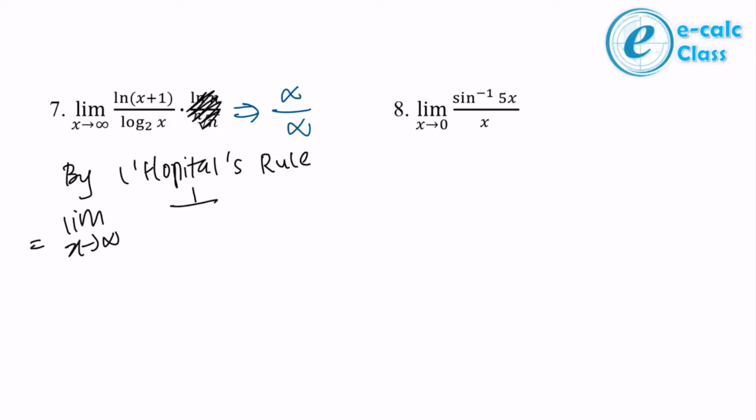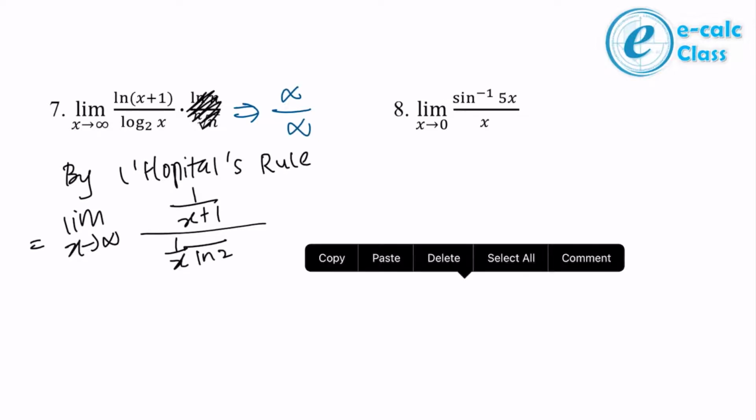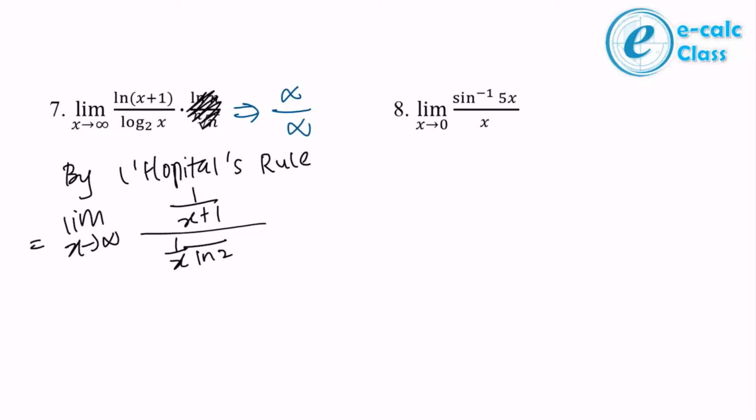I will have 1 over x plus 1, then times 1. Then for log base 2, this is 1 over x times, remember, because you are not doing natural log, you have to divide by ln of that base again. Then just go ahead and flip it, and I think it works now.